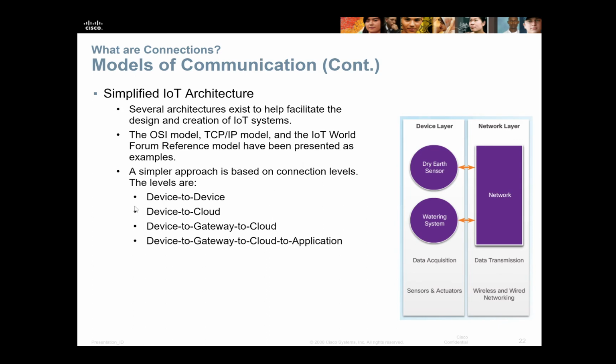And then connection levels. Practically those 4 connection levels, or actually there are more than that, but those are the most common. So one level is device to device, meaning you have one device which is asking for data from the other devices.